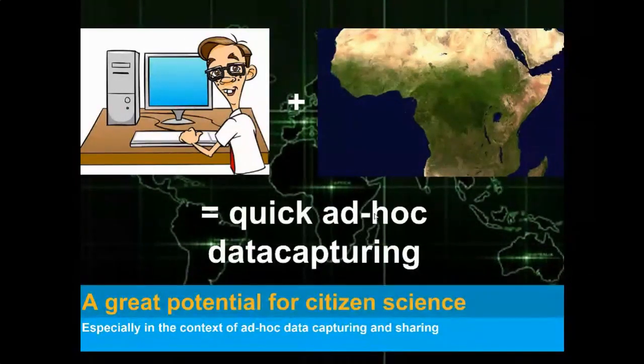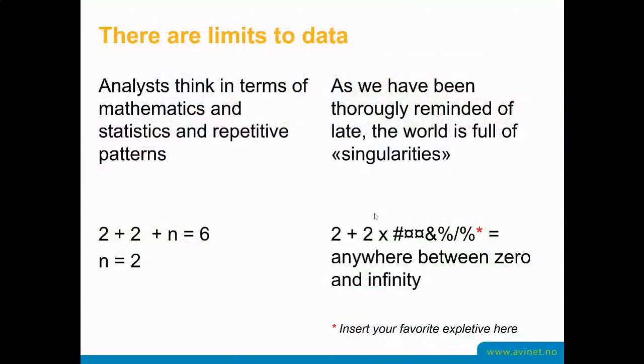And there are different sets of knowledge, and there are limits to data. The analysts and computer scientists, like many of us, we like to think of the world entirely in terms of mathematics and statistics, and anything that happens for the first time is an anomaly and something that should be taken out of the data set because it's not relevant. 2 + 2 always equals 4 with us, and we can always solve these equations to find out the number for the missing variable.